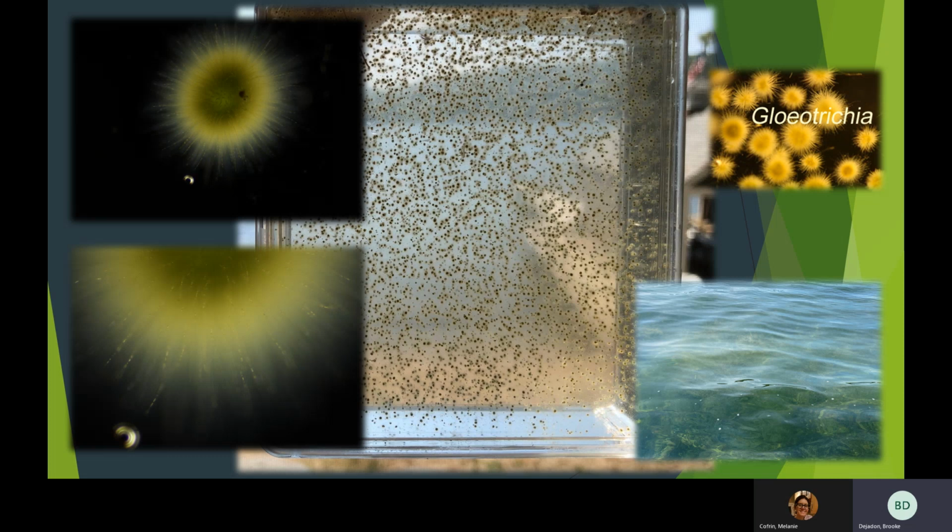In this case, what's different than what Brooke mentioned in cell count, I'm counting colonies, units, filaments, and then converting that into cells, because each of these colonies contains roughly 5,000 cells. So you're really just counting one unit.